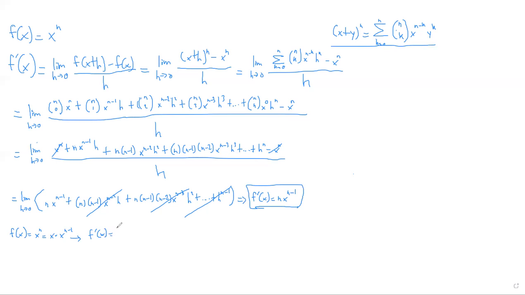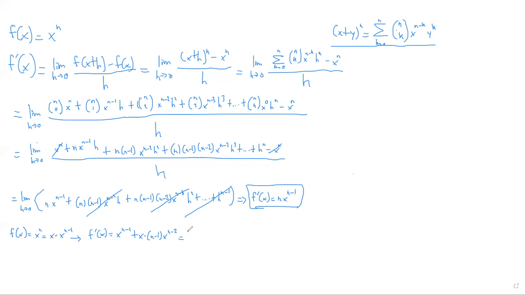So f prime of x is equal to, take the derivative of x as 1, so that's x to the power of n minus 1, plus x times the derivative of x to the power of n minus 1, and using the power rule, that's n minus 1 times x to the n minus 2.